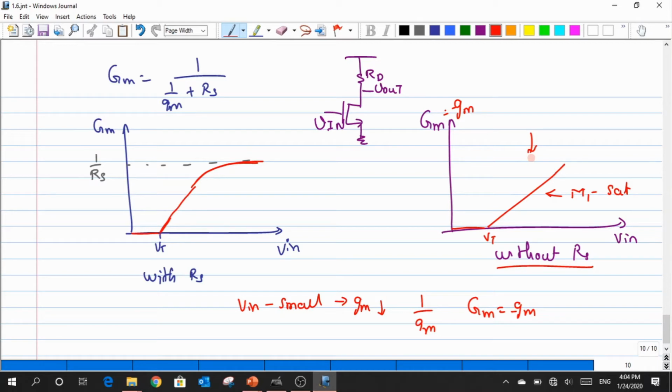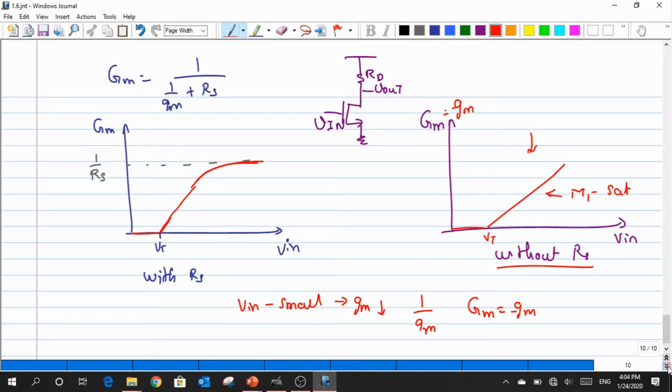But once I cross a particular value of Vn, the GM tends to be constant, okay? So this degeneration effect comes into play, okay? So that is one of the differences that we have between the common source simple structure and the common source with source degeneration, okay?